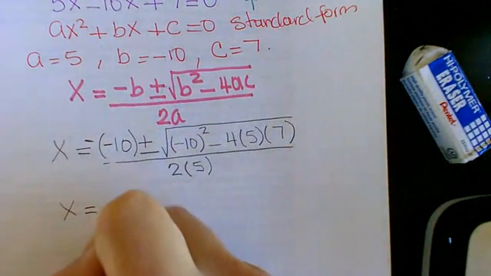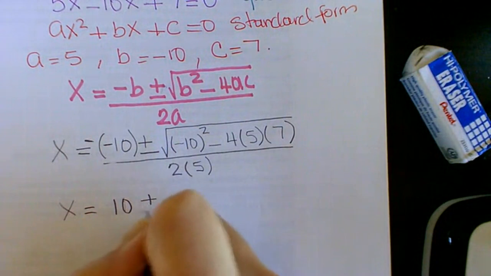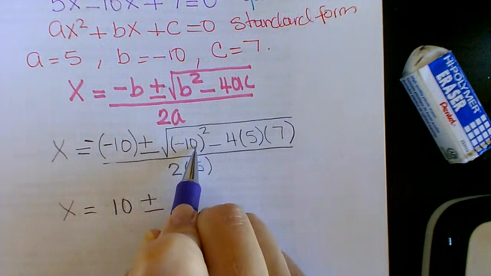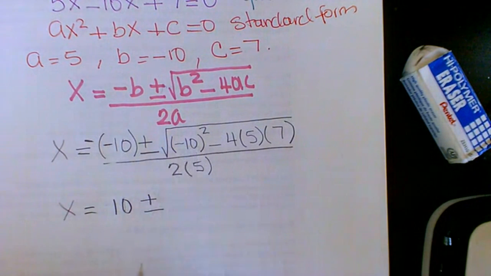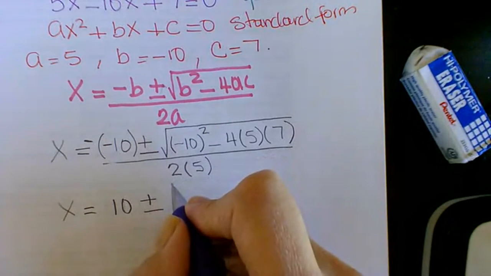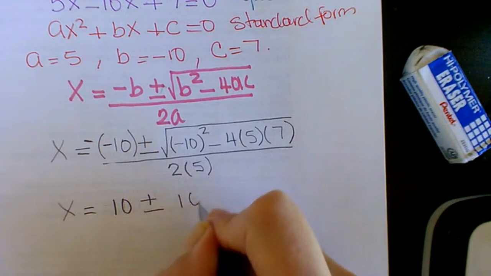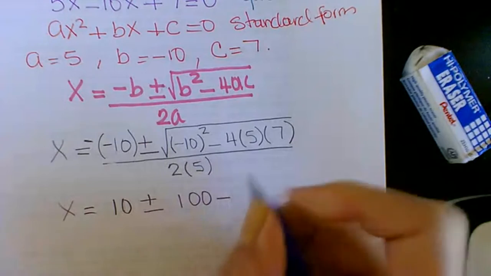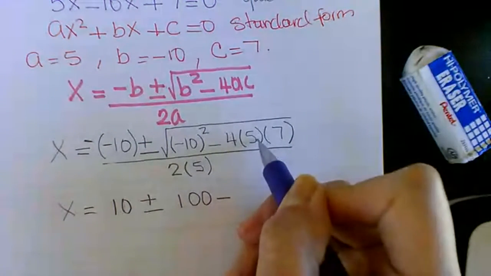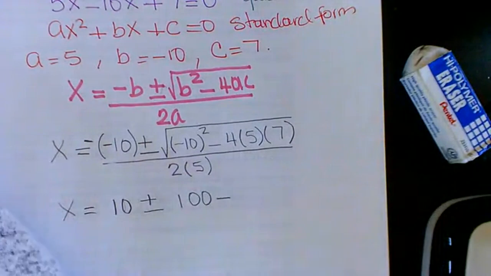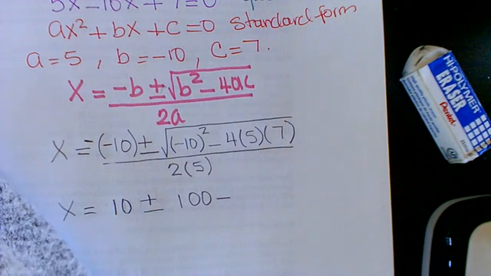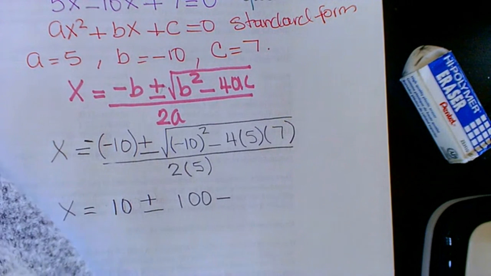So it's going to be 10 positive. Now, what is this one going to be, Sadie? Uh-huh, 100. Now, 4 times 5 is 20, right? And 20 times 7, 140.